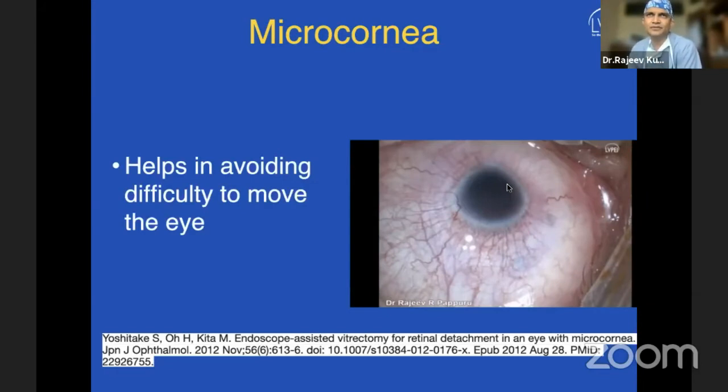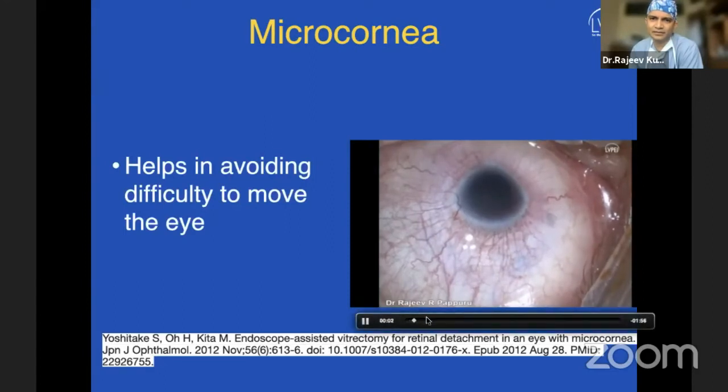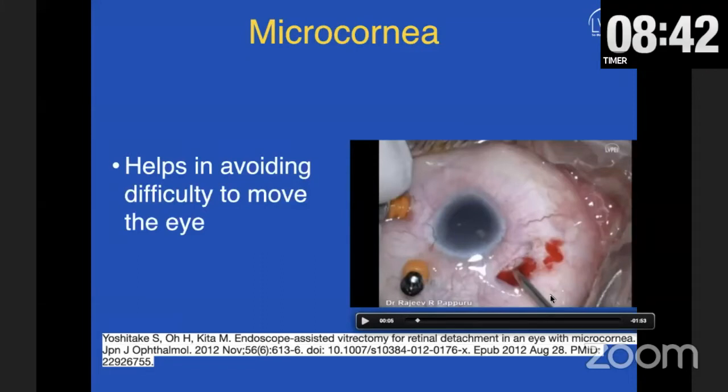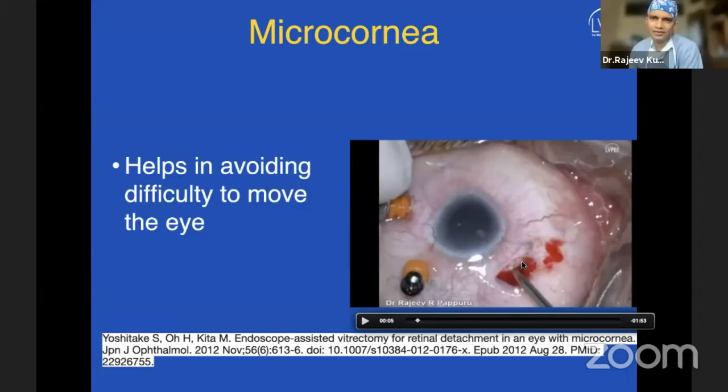But the problem with this is, if you look at it, you will end up putting sclerotomies closer to this. See, this is where you have put the sclerotomies, and the whole area is almost like 10 millimeters from here to here. So that becomes difficult from the center to here.